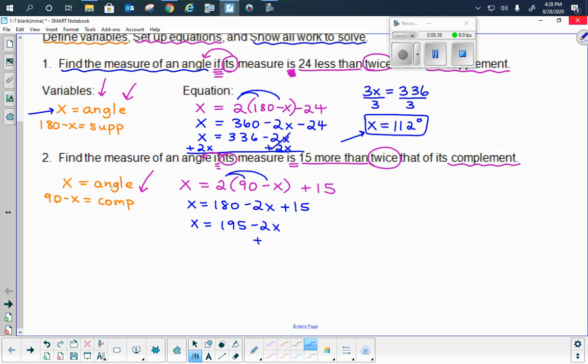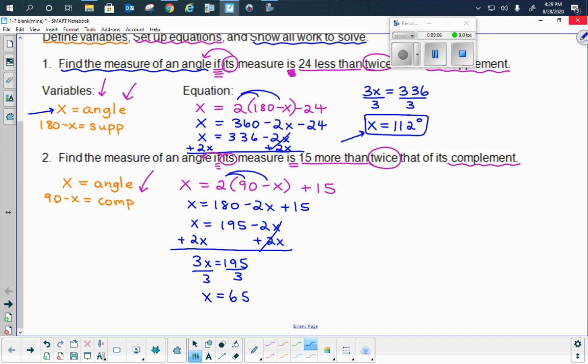All right, we're ready to add 2x to both sides because I want my x to be positive and on the left. So if 3x equals 195, I can divide by 3 on both sides, and x will equal 65. And then I am never going to circle that or box it until I have read the question.